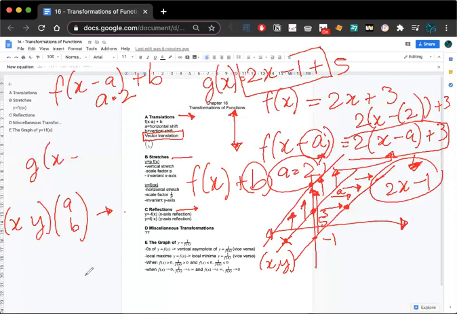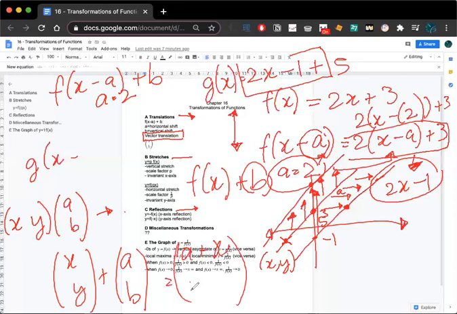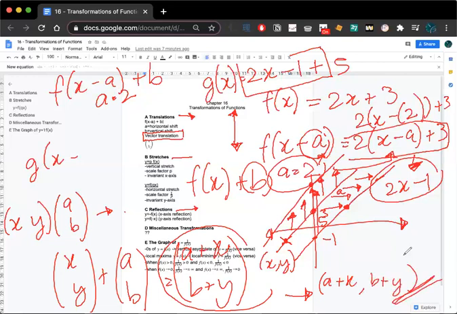Technically, it should be written as (x, y) plus (a, b), which equals (a plus x, b plus y). So this is your new vector, which can be turned into (a plus x, b plus y). This is going to be your new coordinate.